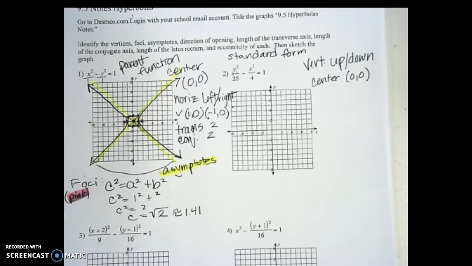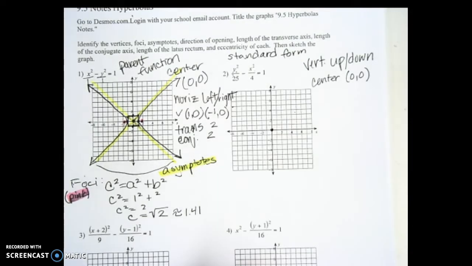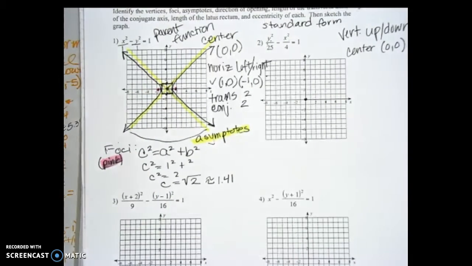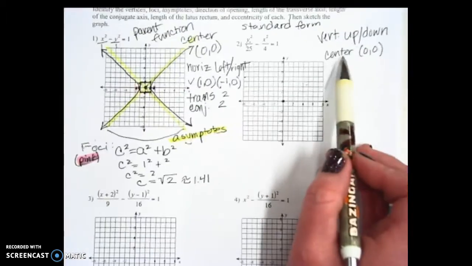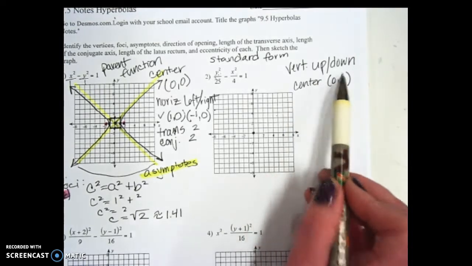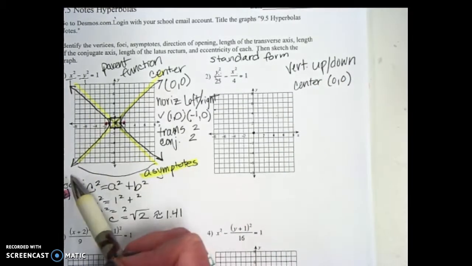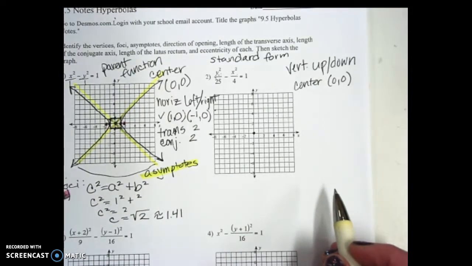Okay, does that make sense? All right, so obviously the center is at 0, 0, so go ahead and put a point there. This one starts with y squared, so we already wrote down that it's good. The hyperbola on this one are going to open up and down instead of right and left like they did on this first example.